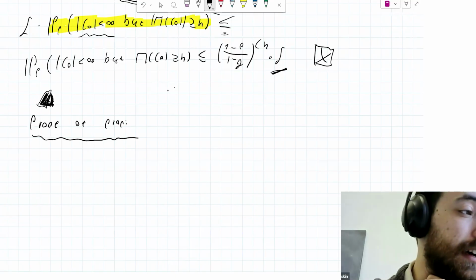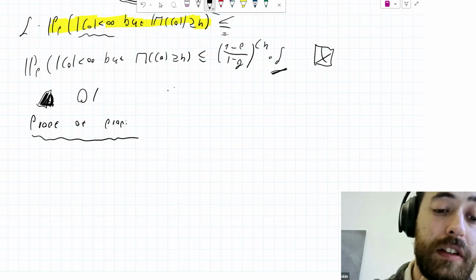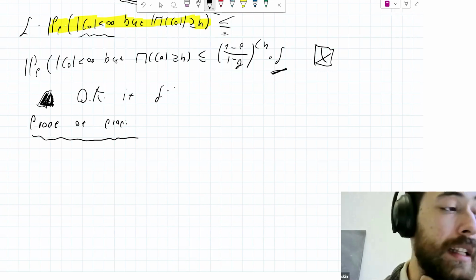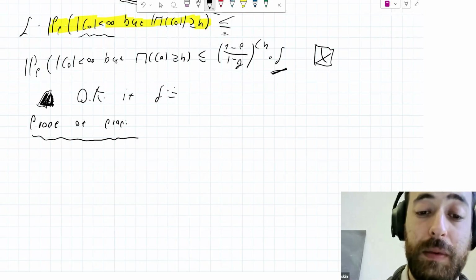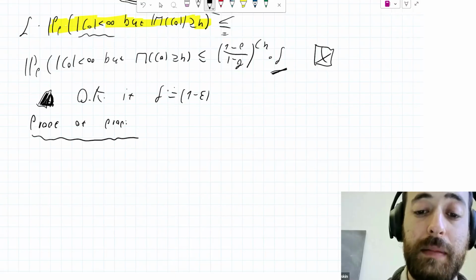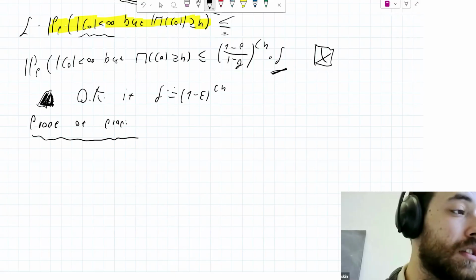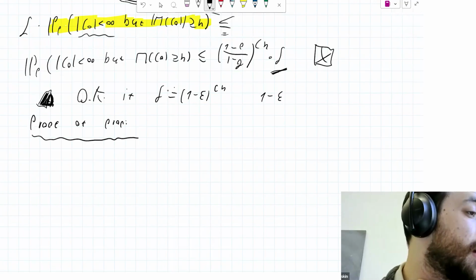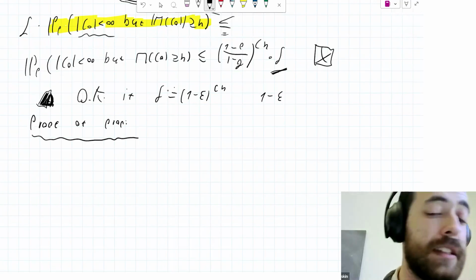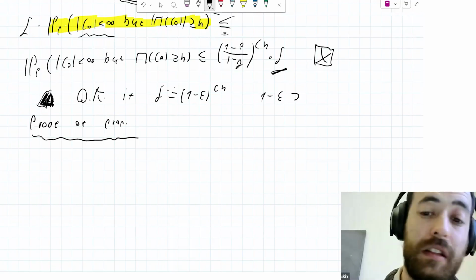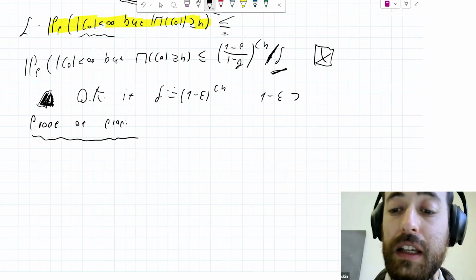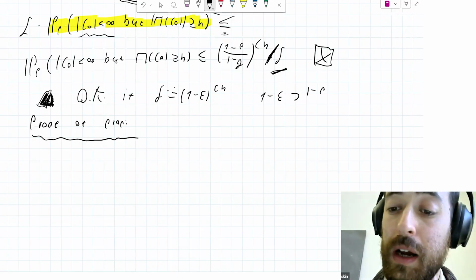Everything is okay even if delta is something exponentially small, say (1 minus epsilon) to the cn, so long as, I just need to get my inequality right, 1 minus epsilon is bigger than (1 minus p) over (1 minus q). Obviously here it's divided by delta because I switch sides.